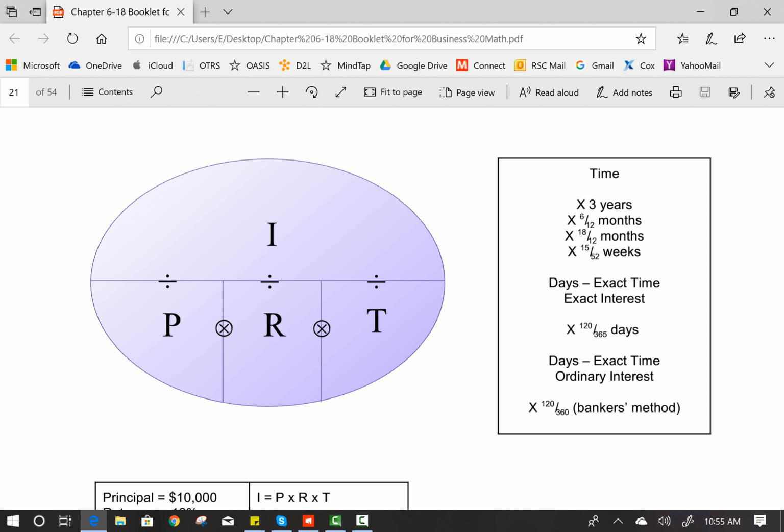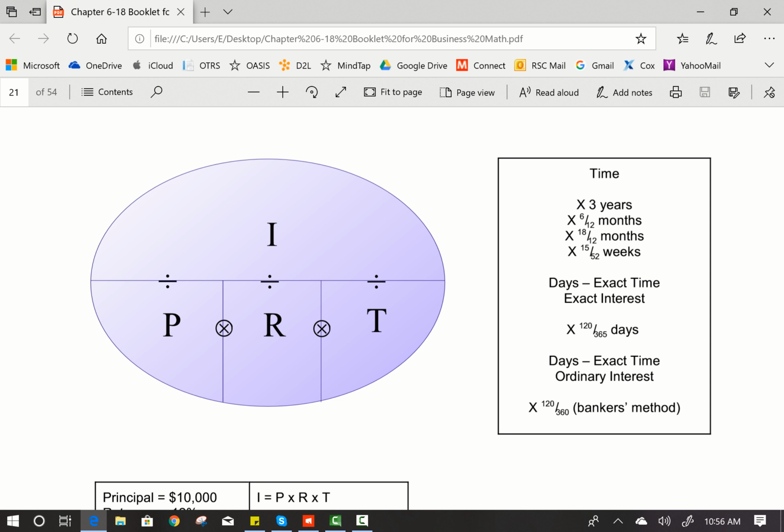If it's for a specific period of time, like 3 years, then the time would be expressed by taking it times 3 for 3 years. Or if it were 3.5 years, it would be like half is 1 divided by 2, which is 0.5, so it'd be 3.5 years. If you express it in months, then you would take whatever the component is, times 6 months divided by a total of 12 months.